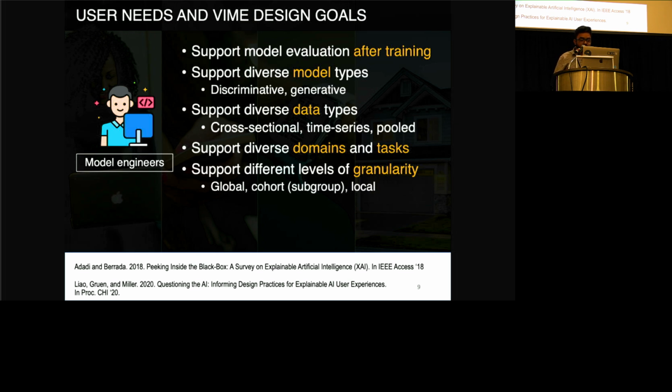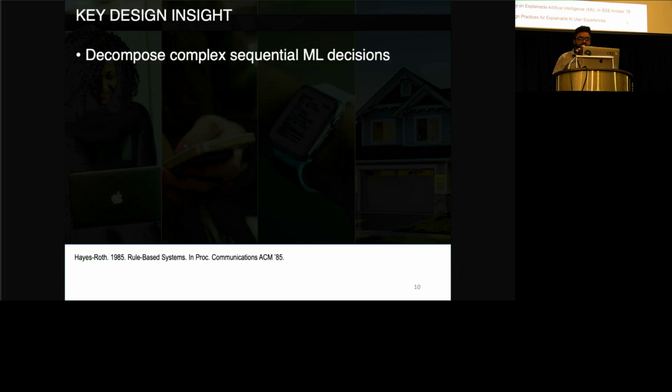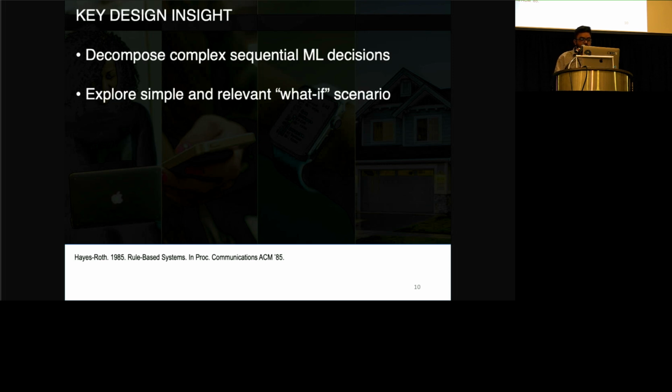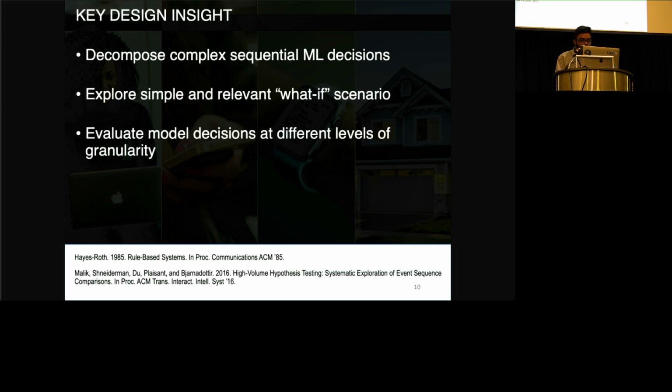Also, they may want to explore how the model performs for specific cohorts or subgroups of data, and even for local individual instances. To achieve this, we found this key design: effectively decomposing complex sequences into simple and relevant what-if scenarios can help evaluate model decisions at different levels of granularity.